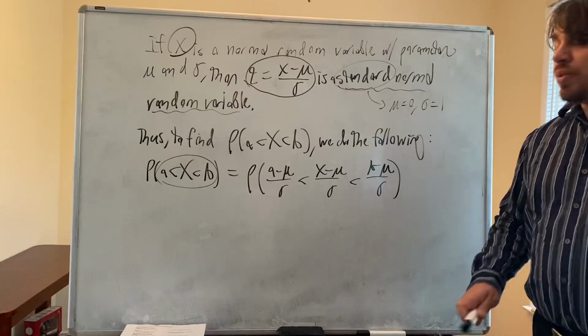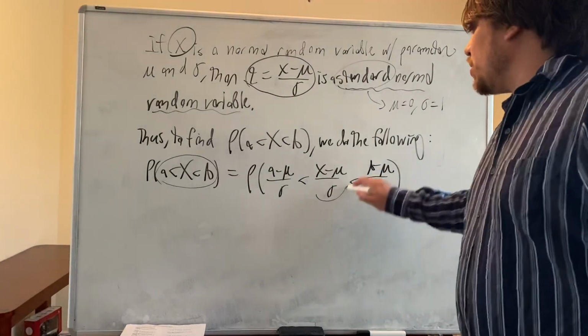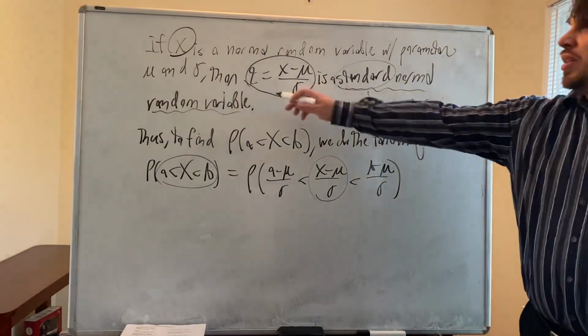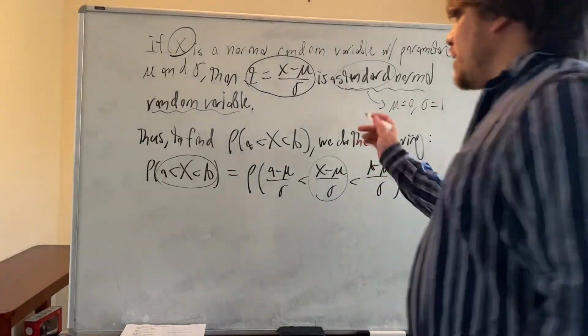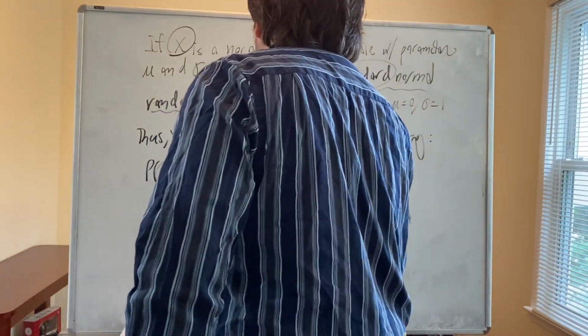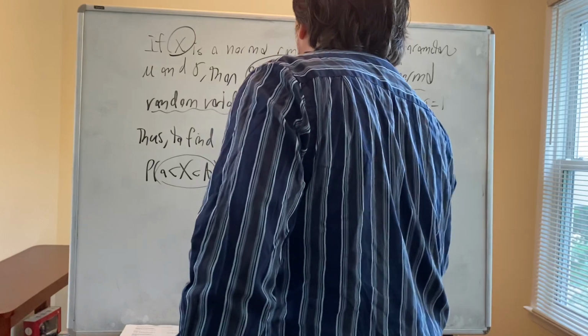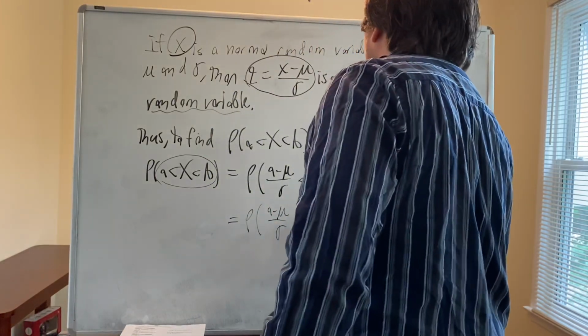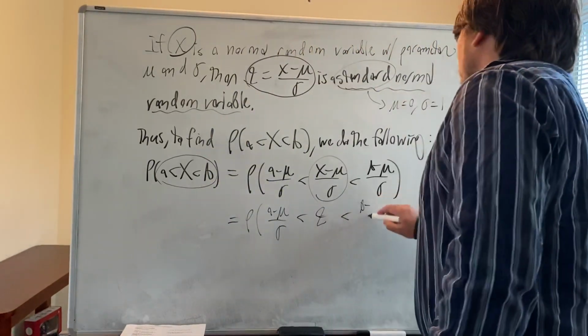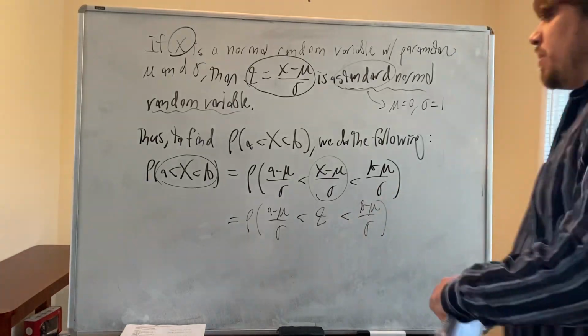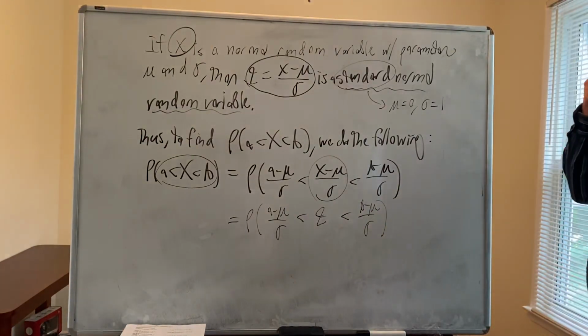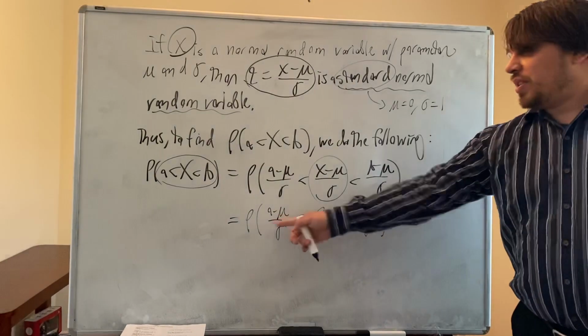The reason I did this was because now the middle term is X minus mu over sigma, which we said was Z, a standard normal random variable. So this is the probability that a minus mu over sigma, which is a constant, is less than Z, which is less than b minus mu over sigma. So now this is the probability that a standard normal random variable is in this range.